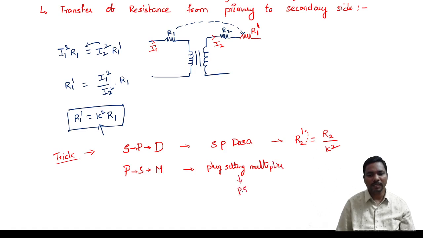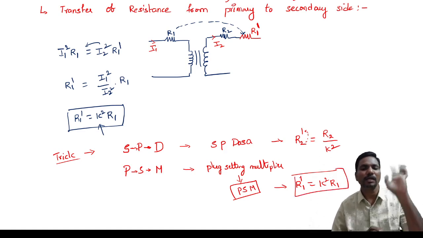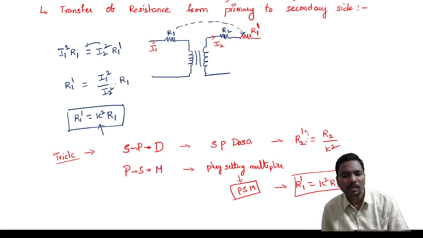Primary to secondary: the primary resistance converted to secondary will be a multiplication, K square of R1. Like that, simply you can remember. All of you got the trick.